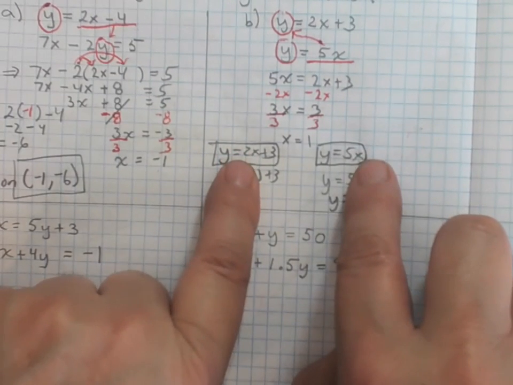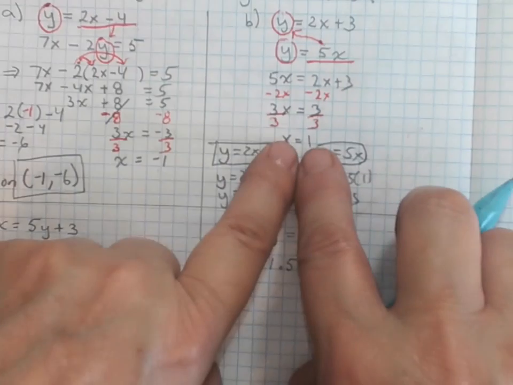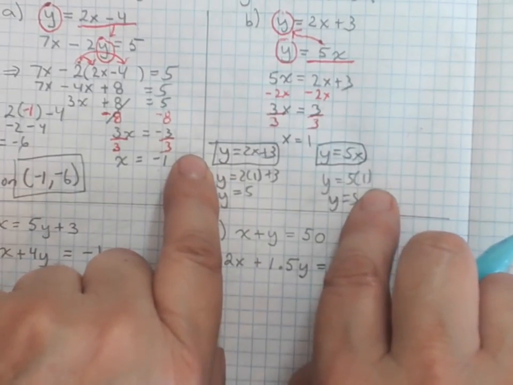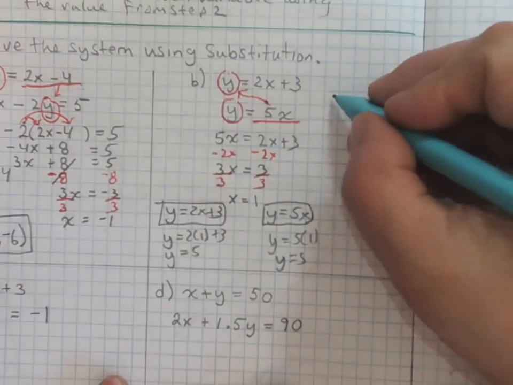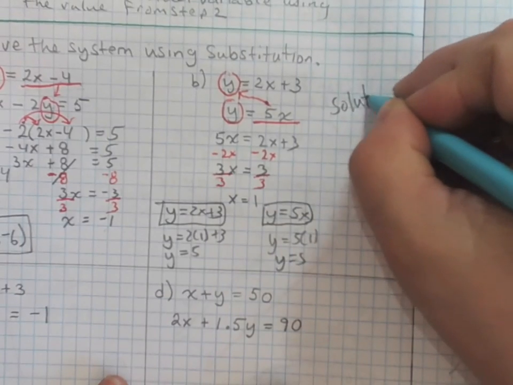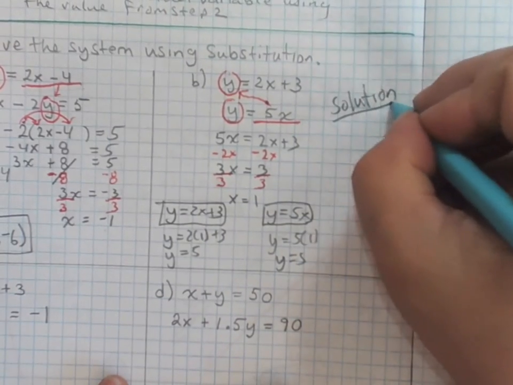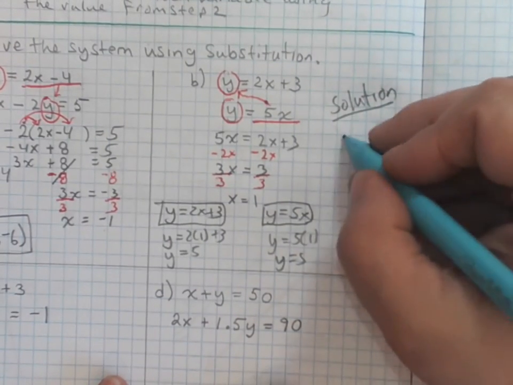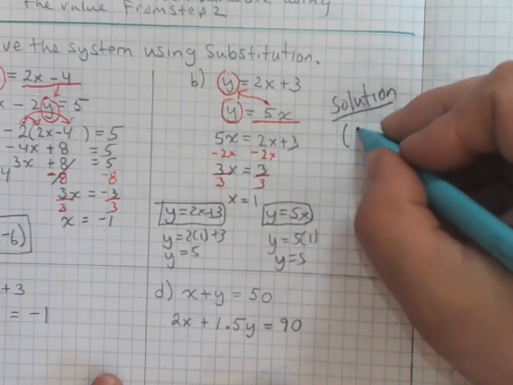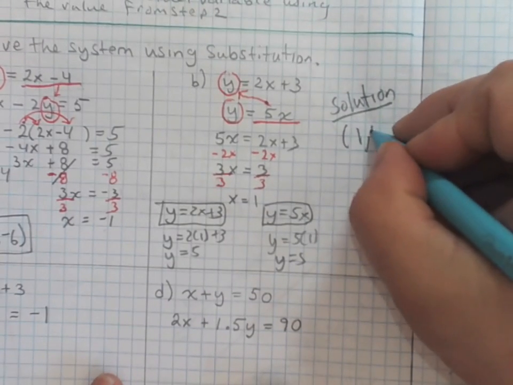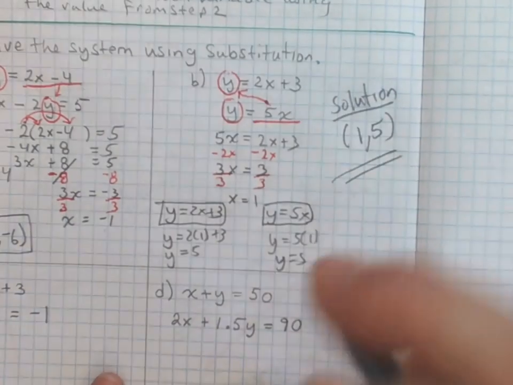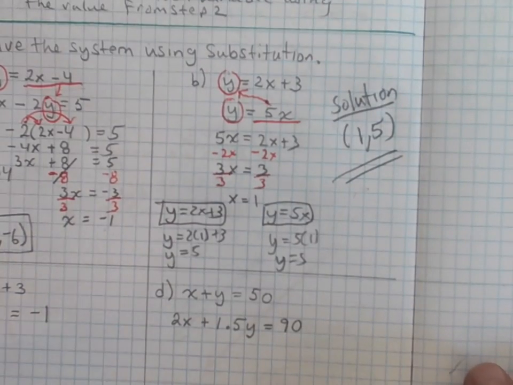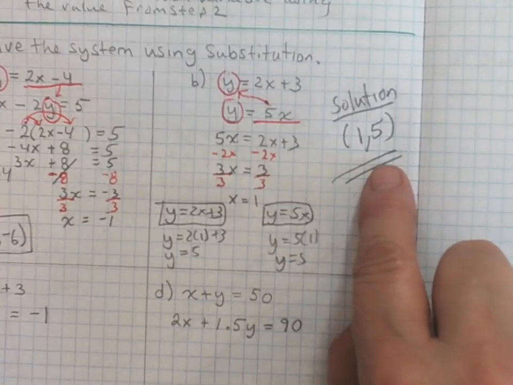It doesn't matter which equation you choose to do that substitution into. So the final solution is the point. Remember, all solutions are ordered pairs. So it'll be the x value of 1 and the y value of 5. All right, the two lines intersect at that point.